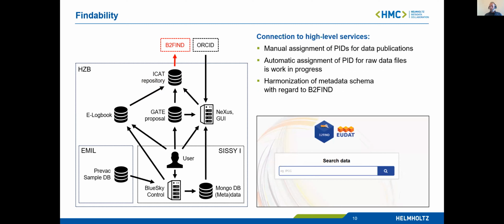This is currently work in progress, so that we can clearly identify these files ingested into the ICAT. And also the harmonization of the metadata schema. We are currently working to optimize the findability of this data.